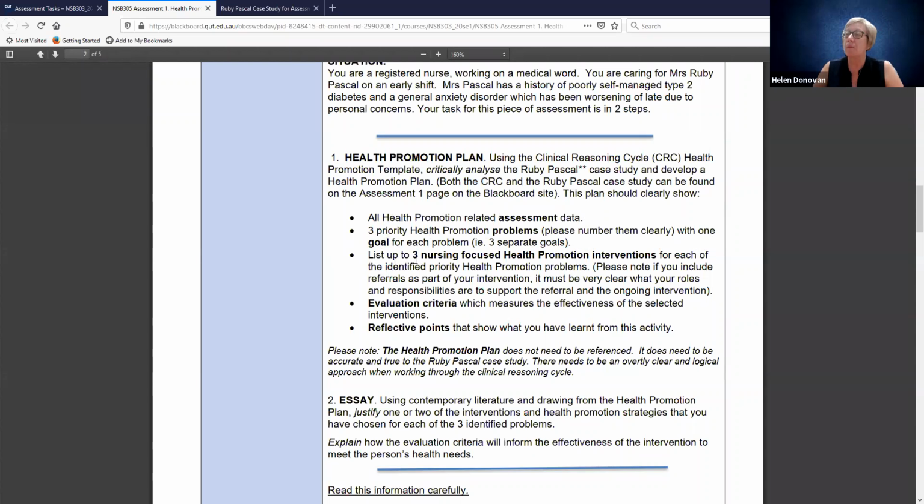Then you will write up to 3 nursing-focused health promotion interventions, and you might need to implement some of those strategies as well. It says, please note if you include referrals as part of your intervention, it must be very clear what your roles and responsibilities are to support the referral and the ongoing intervention.